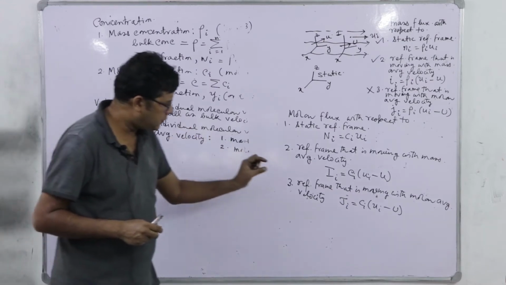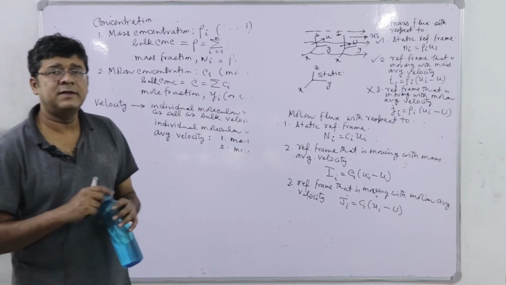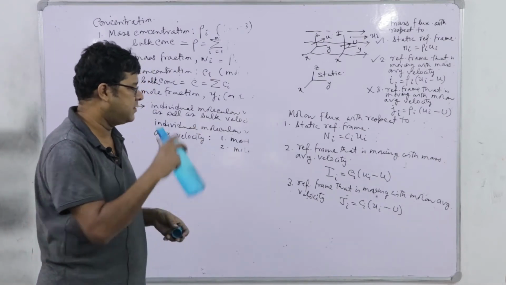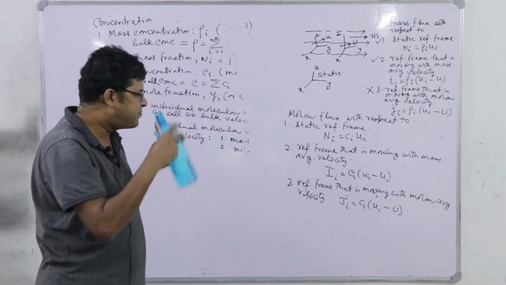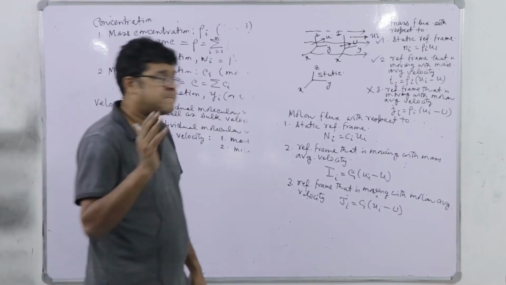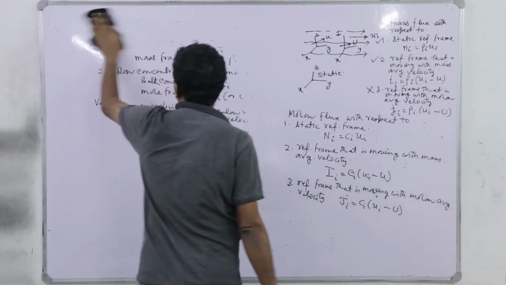So, this ui minus capital U, we sometimes alternatively refer to as the diffusive velocity, because this velocity is entirely contributed by the diffusive characteristic of that specific component, right.